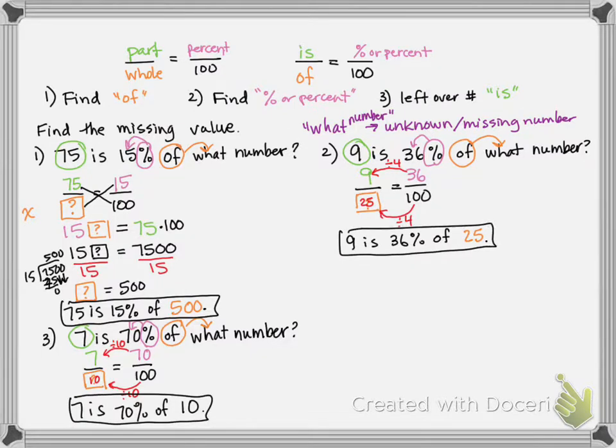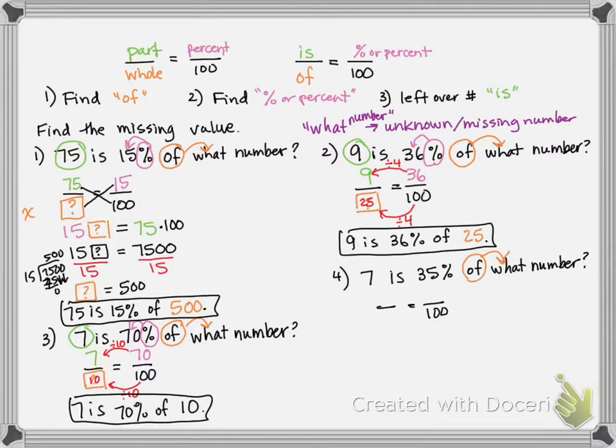All right, last one, number 4. We get 7 again is 35% of what number? So this one I think I'll do the cross products just so you can see it again. So let's get our frame in. First thing we look for is of, and we always look after.